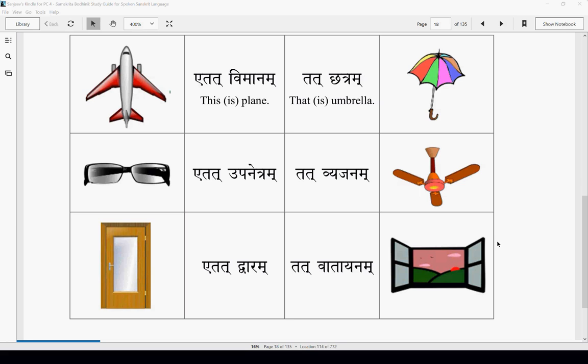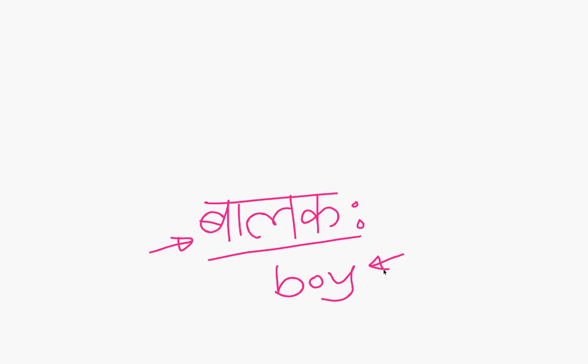For example, balakah, boy: the gender of this word is also the actual masculine gender of the object indicated by this word, that is boy.